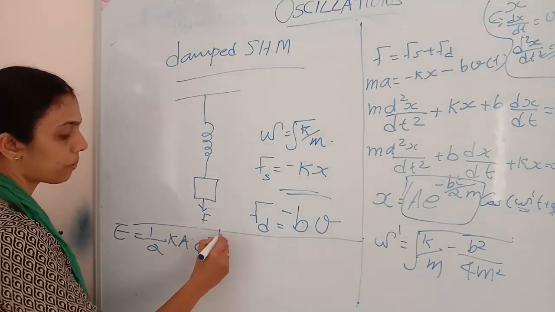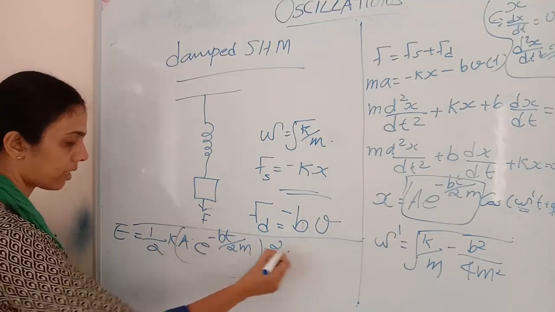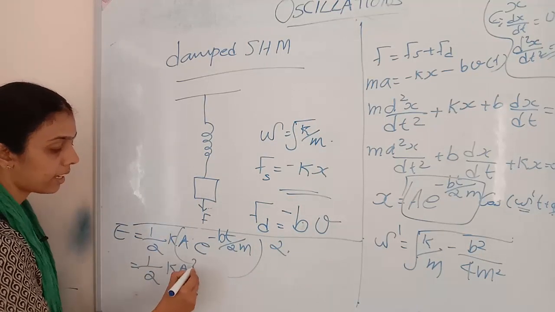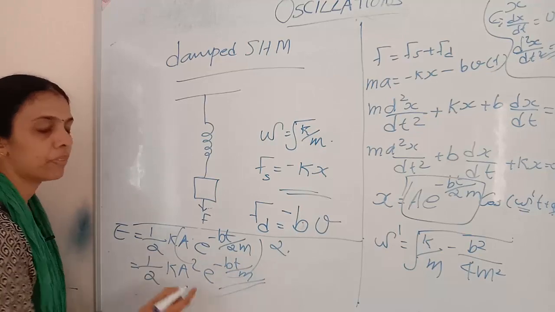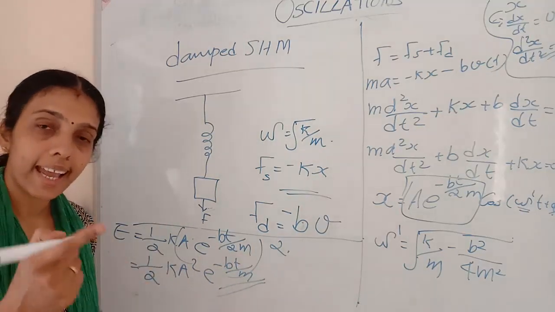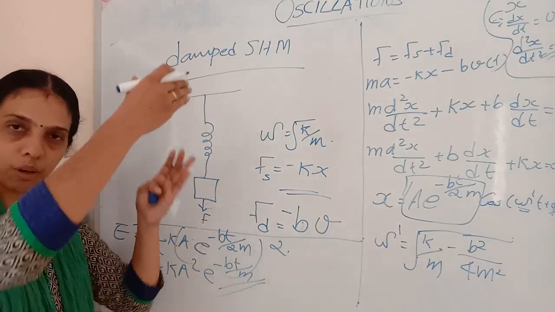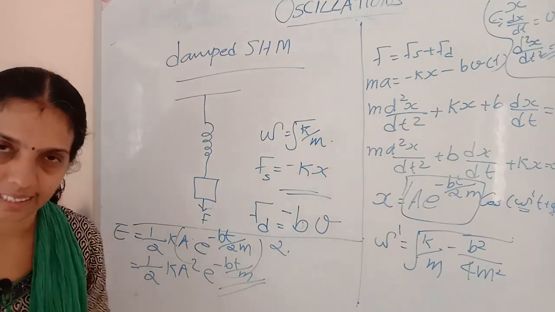So e to the power minus bt by 2m will also come, and we will take the square. So here we get half k a square e to the power minus bt by m. That means total energy is also decreasing exponentially. It will be an exponentially decreasing term as time increases.